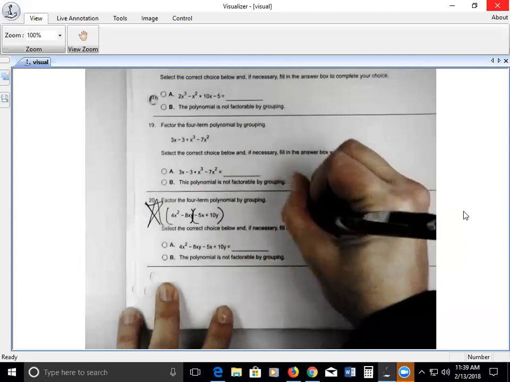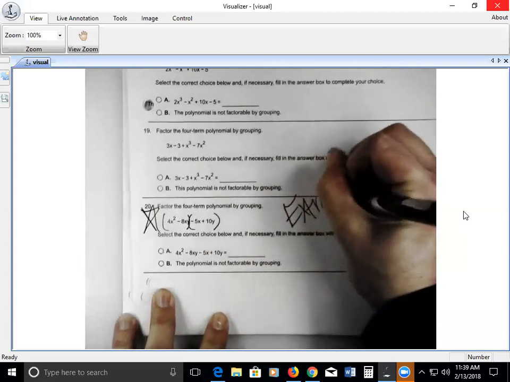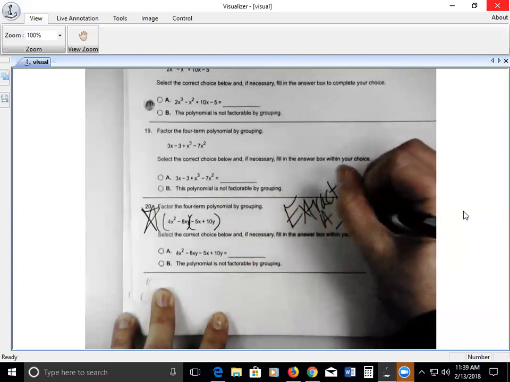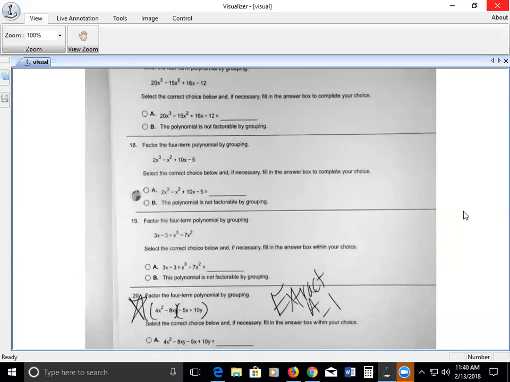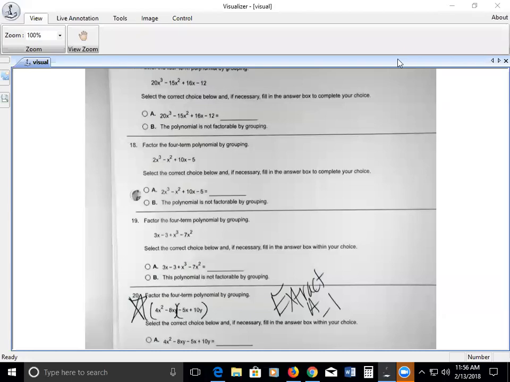Make sure you know you need to extract a -1. Make yourself a little note. Those are the things you need to start looking for within your grouping. I'm going to give you a few minutes, 17 through 21. That's what you need to be working on in your groups. Okay, so looking here.